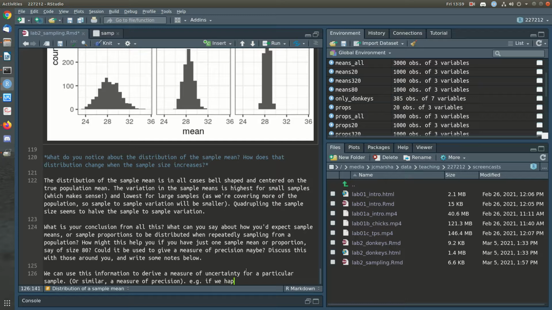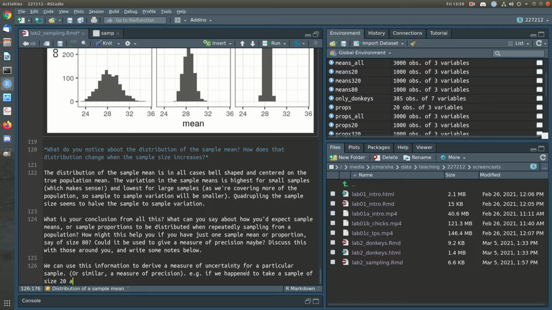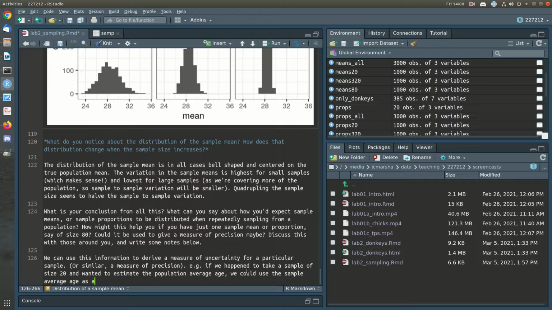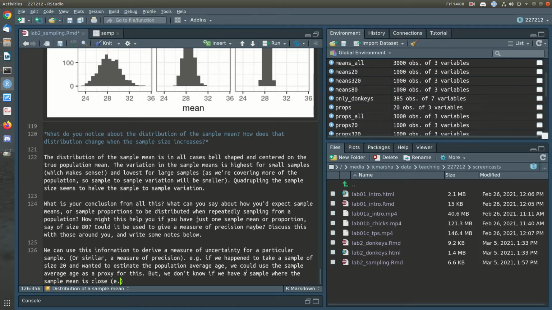For example, if we happened to take a sample of size 20 and wanted to estimate the population average age, we could use the sample average age as a proxy for this, but we don't know if we have a sample where the sample mean is close, about 28, or if we have one where it is too low or too high.